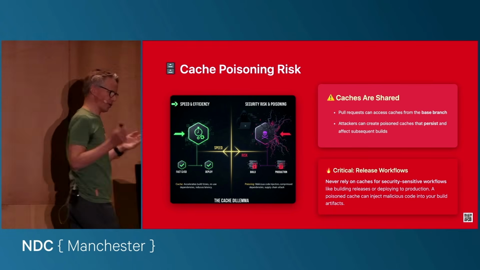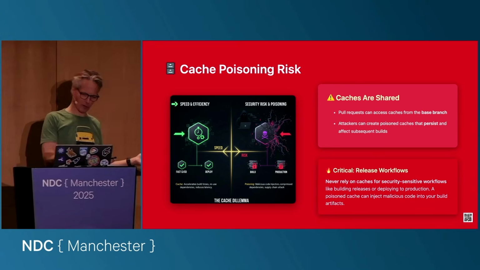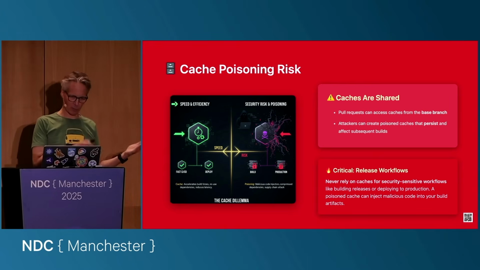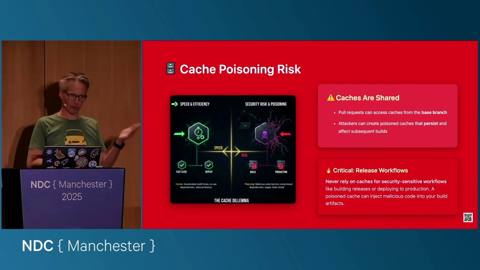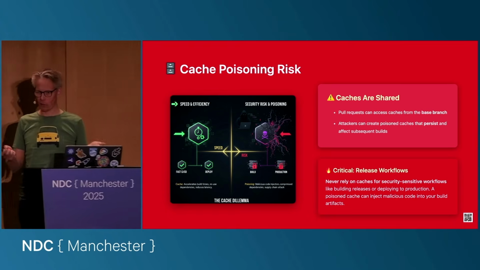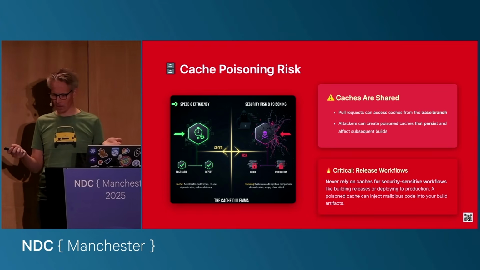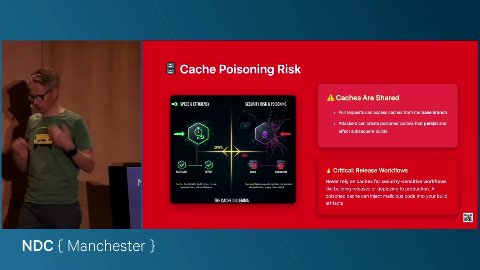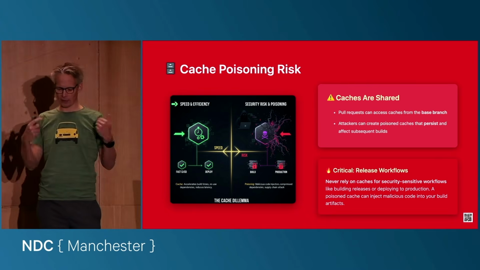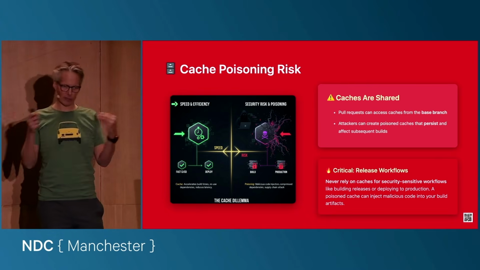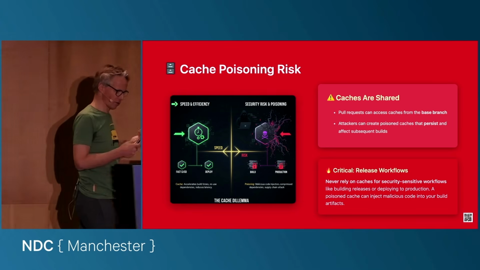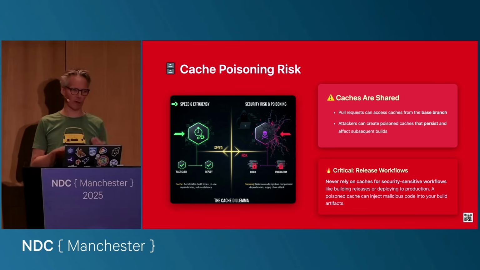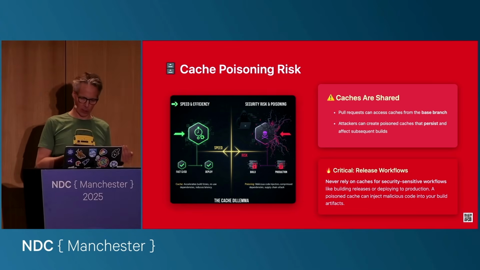And also here, there are more and more restrictions coming to avoid all kinds of cache poisoning problems, but there are still some use cases possible to poison a cache also in GitHub. And the result could be that you get something from a cache that is malicious, and then you get it into your build system. So here still the general advice is, don't use a cache in your important workflow jobs.